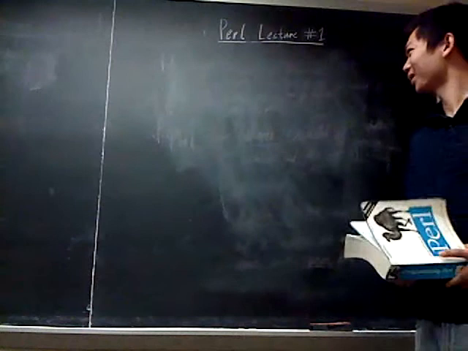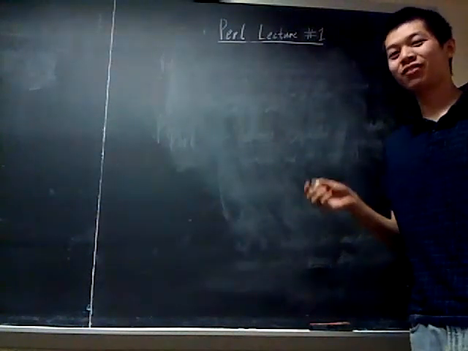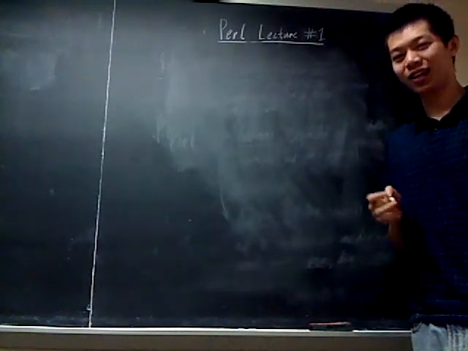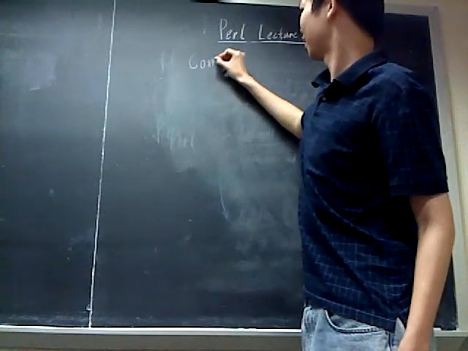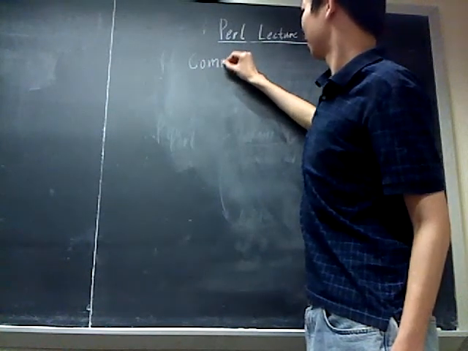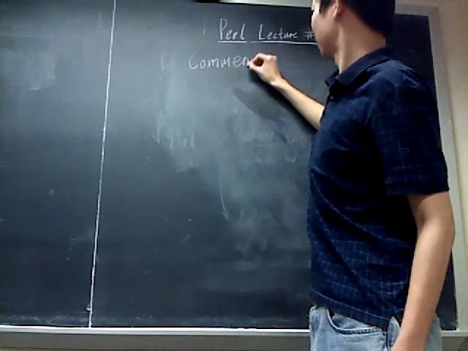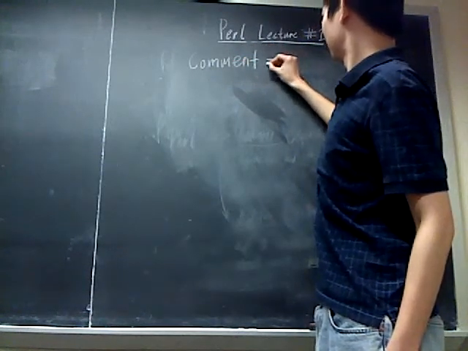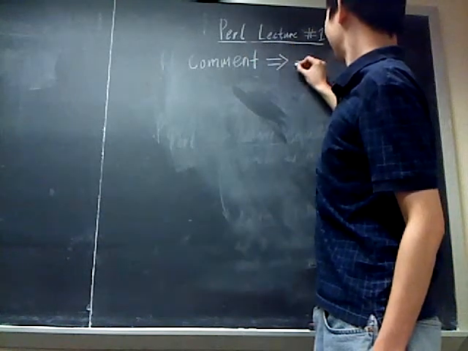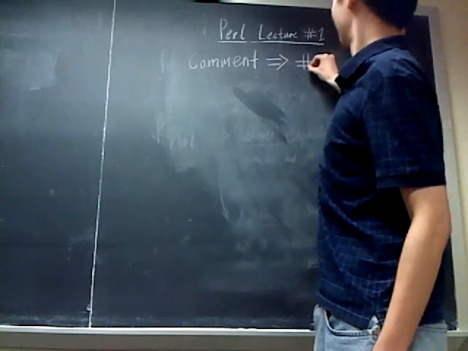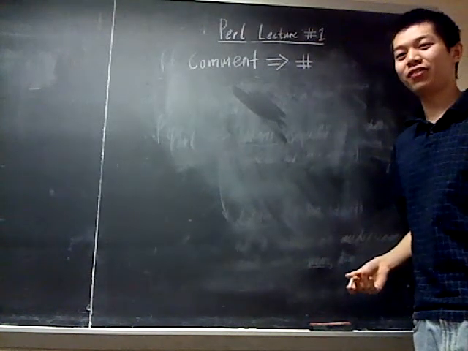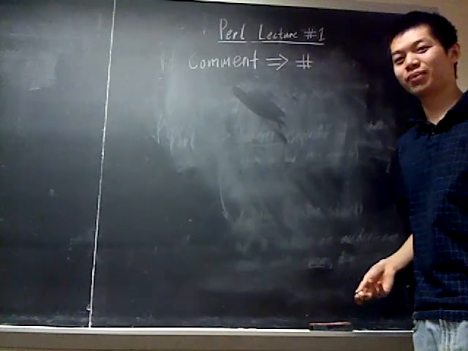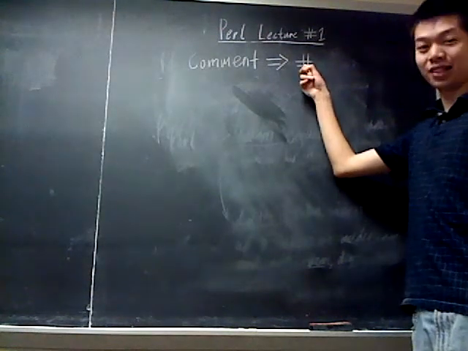Okay, good. So now what we're going to do is talk about something very, very, very important. And this is a comment. The token, so to speak, of how you identify a comment in a Perl script is with this number sign.